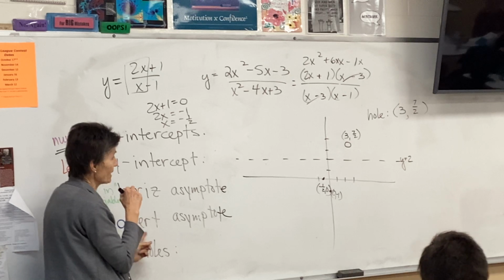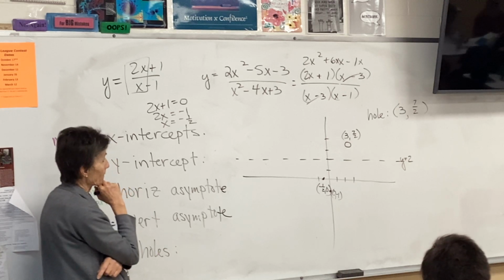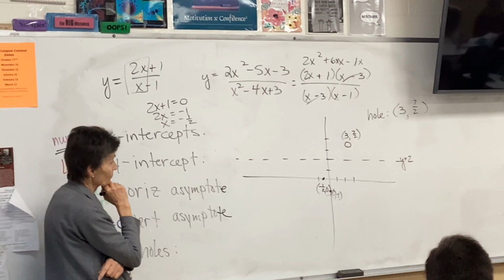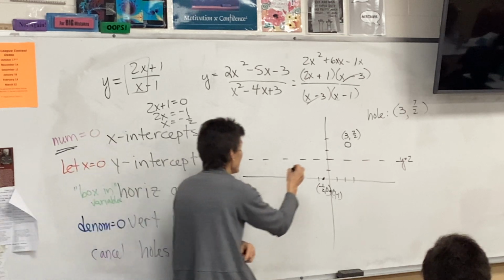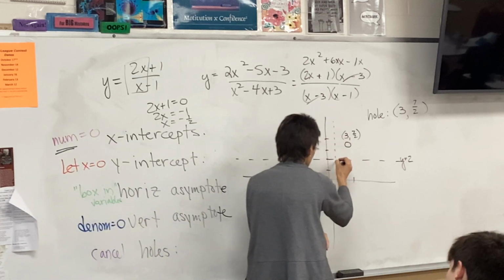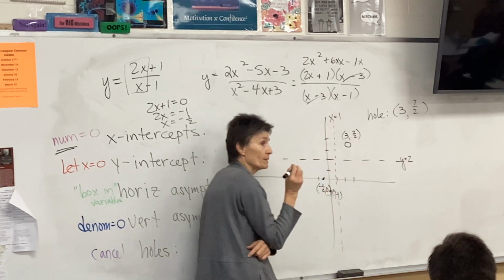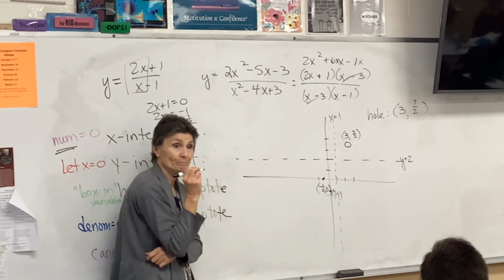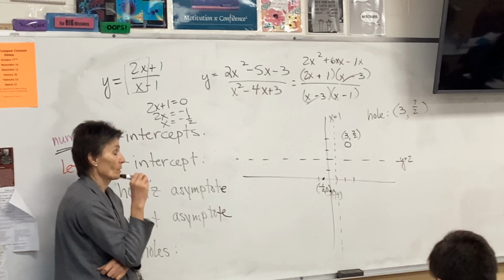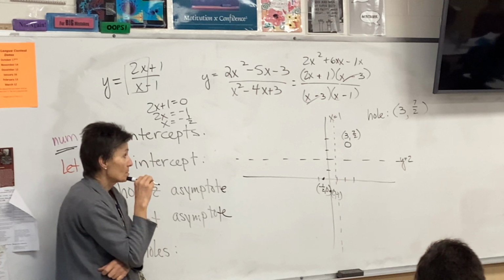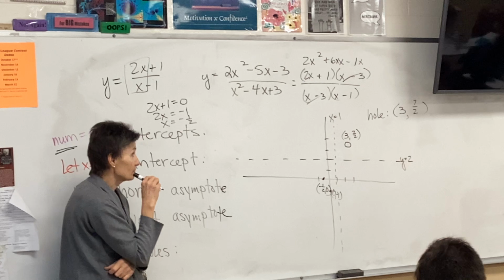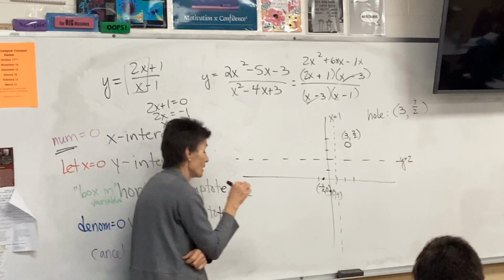Where's my vertical asymptote? At x equals 1, because vertical asymptotes come from the denominator. And that's it. That's everything now.